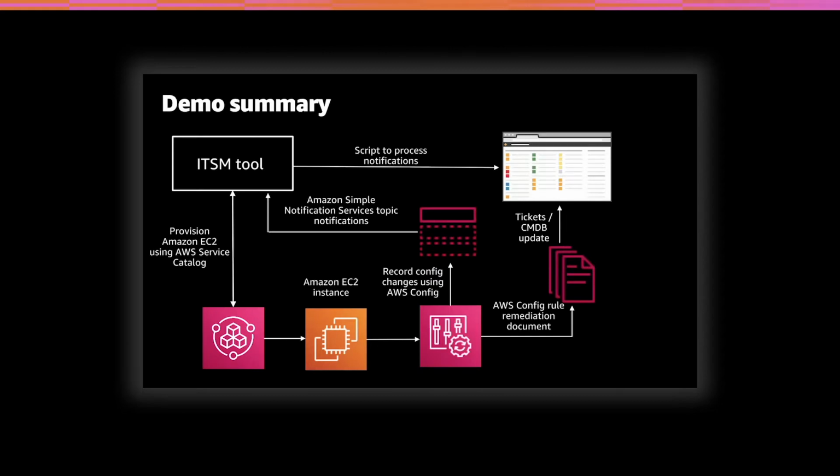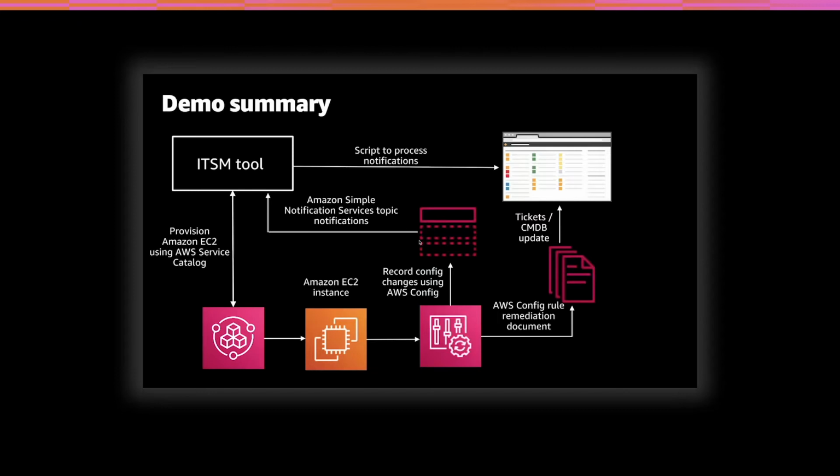Step number 3 is around notification. We'll show 2 ways to notify and then orchestrate the next step. We'll utilize Amazon Simple Notification Service to notify an ITSM2, or we could also use AWS Systems Manager to create an incident in our ITSM2, for example, ServiceNow.